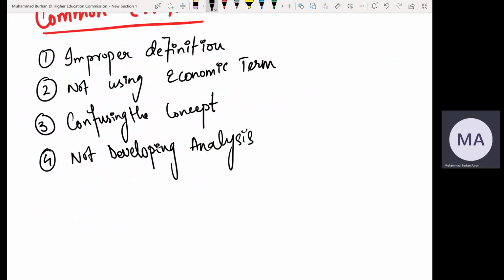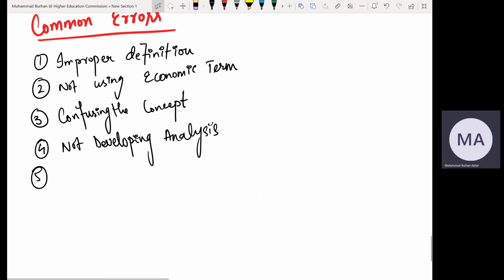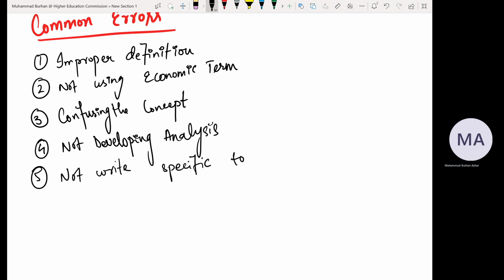And the fifth most important, the most common error which candidates usually make is that they do not write specific to the question. इधर उधर की बातें कर देंगे and they won't be able to answer the question in a very specific way, which obviously wastes your time and wastes your energy.